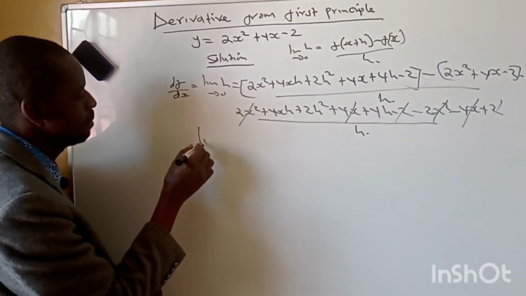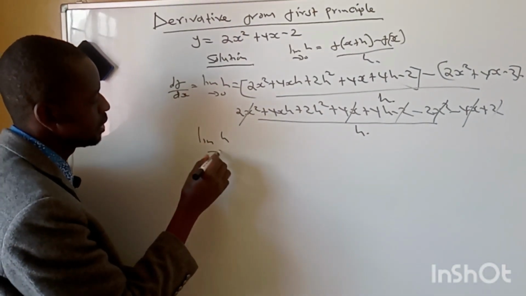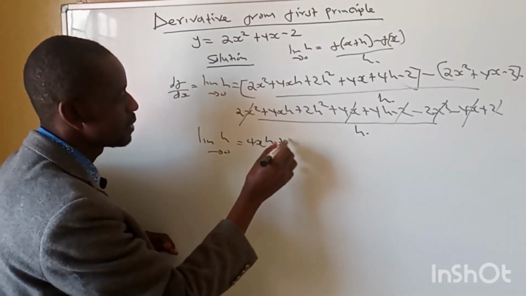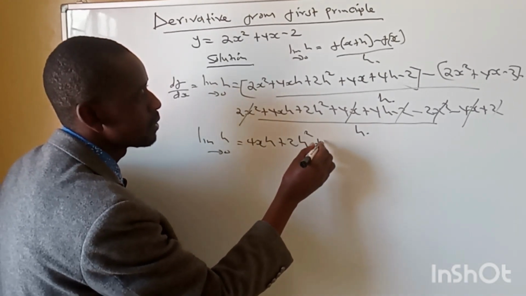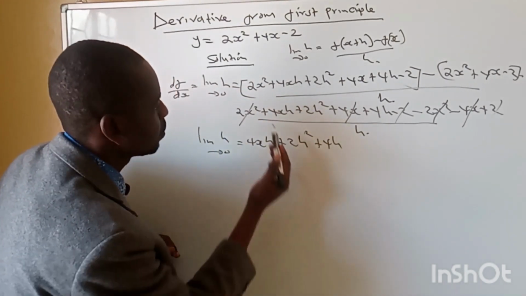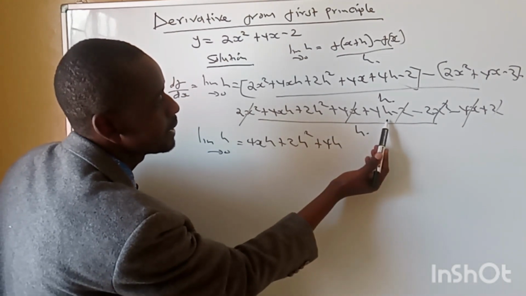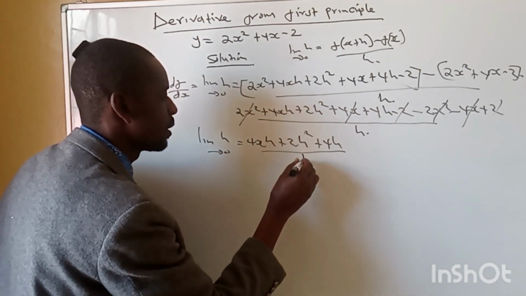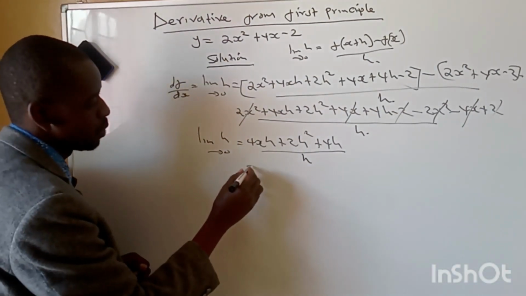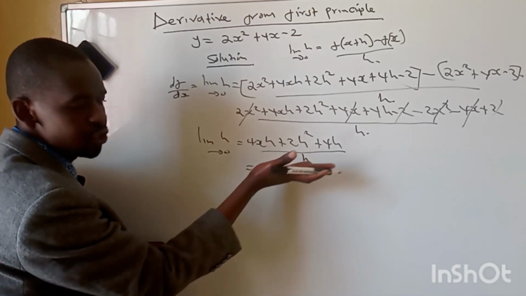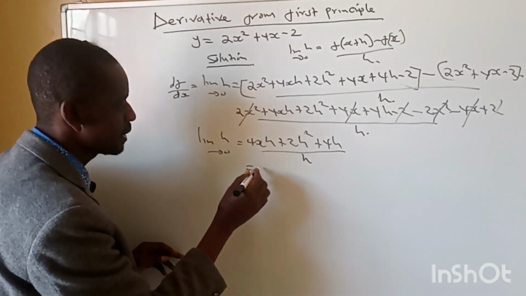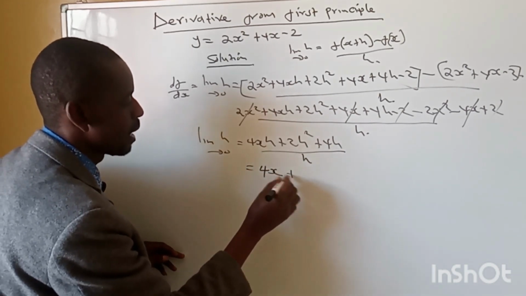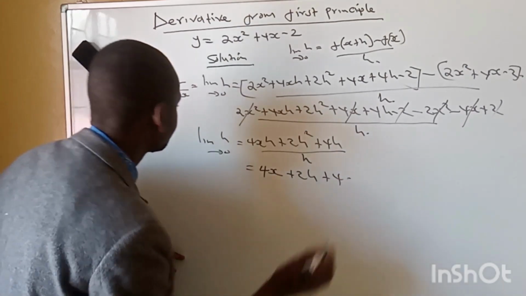So as the limit h is tending to 0, we are remaining with 4xh plus 2h squared plus 4h, all over h. Divide h, everything there. We have 4x plus 2h plus 4.